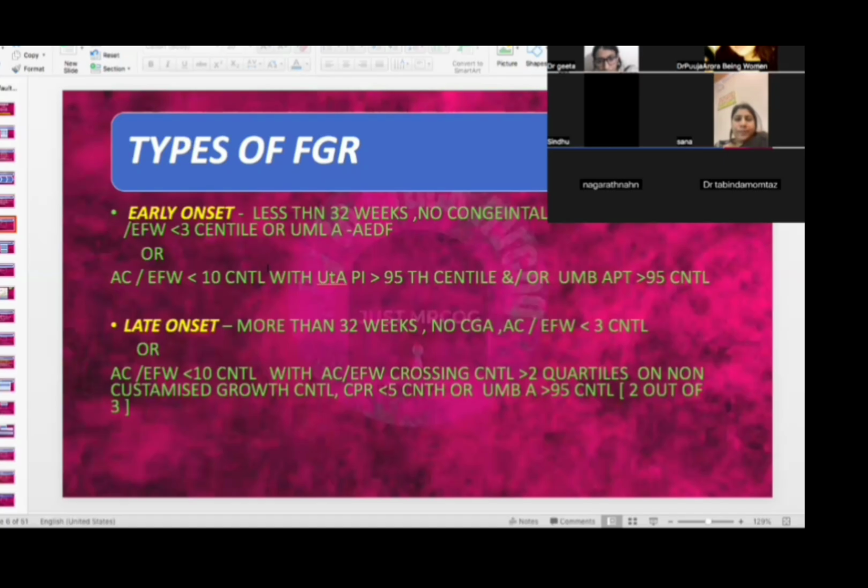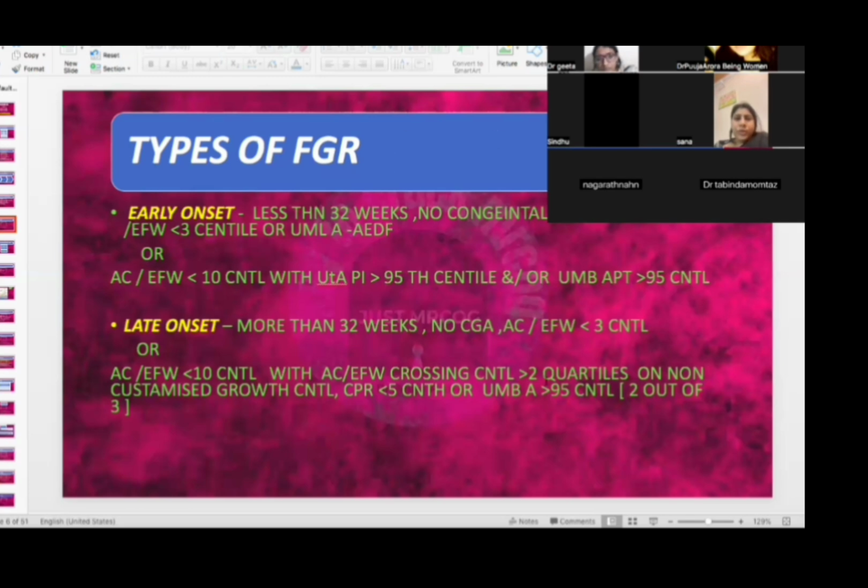So there are 3 criteria, and 2 out of 3 have to be there. First, estimated fetal weight or abdominal circumference crossing centile by more than 2 quartiles for any non-customized growth centiles.